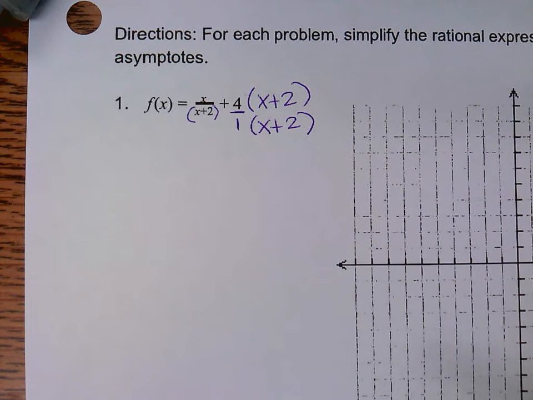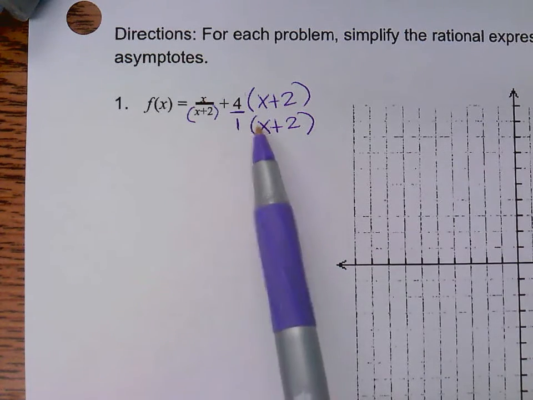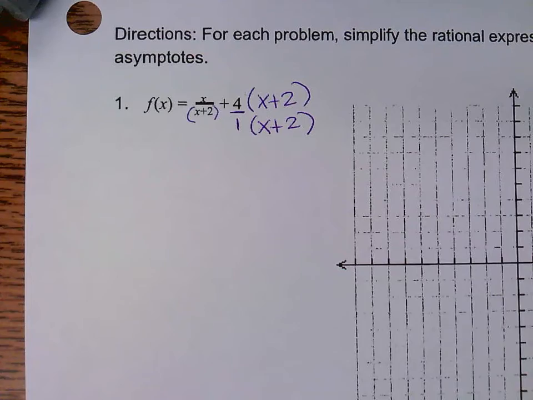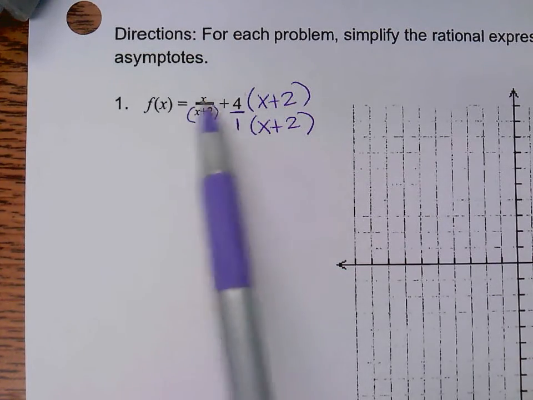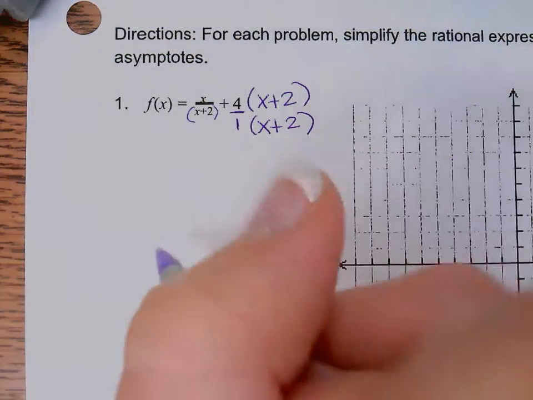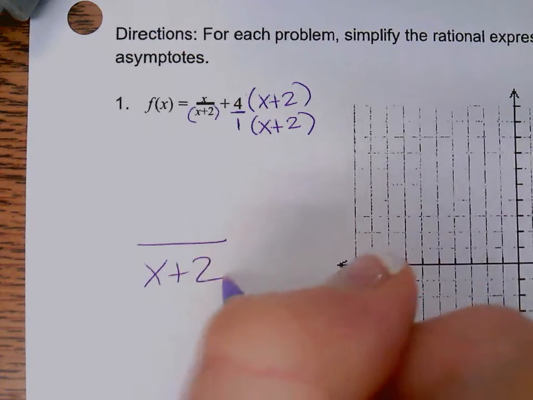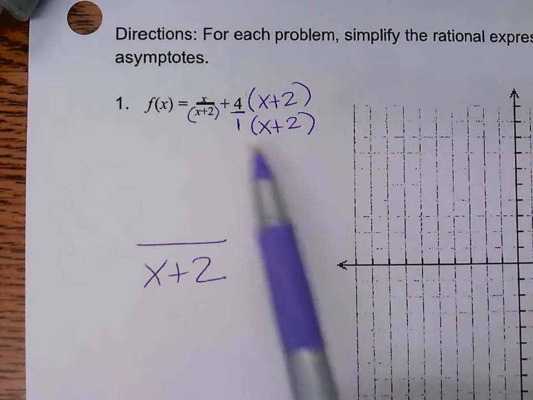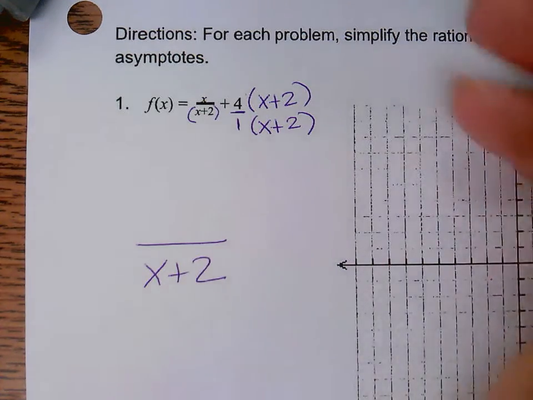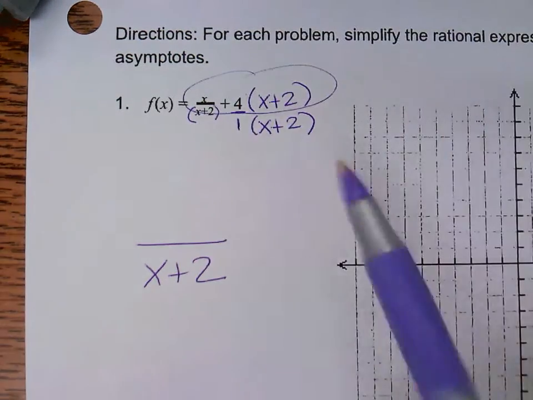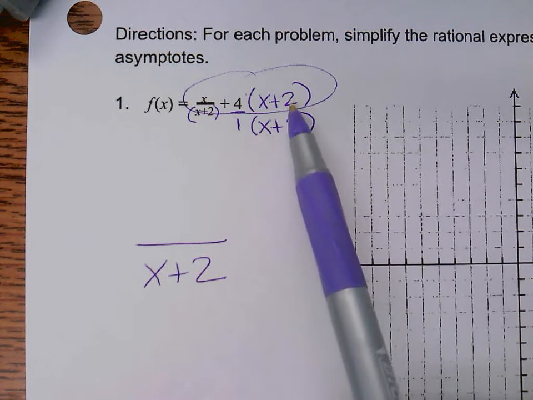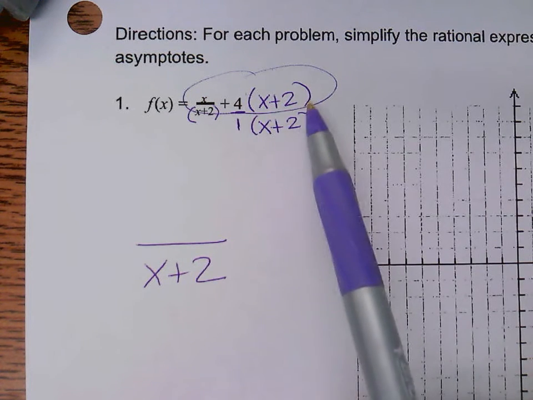And when you add two fractions together, like if you had 1/3 and 5/3, you still have thirds at the end. So if we have an x plus 2 denominator, x plus 2 denominator, our end result is going to be an x plus 2 denominator, because 1 times x plus 2 is x plus 2. So I need to add my numerators together. So I have 1x, and I've got 4 x's, and then I have 4 times 2 is 8.